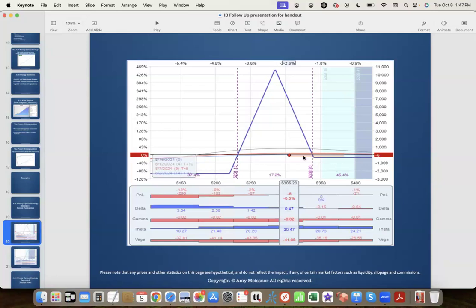You have less risk on one side. You can see the T+0 line, and then theoretical lines going into the future, out a few days, how profit comes into this trade pretty quickly, but you also have a lot more room than just the expiration tent, right?